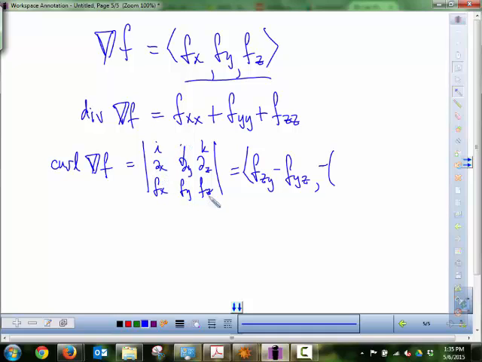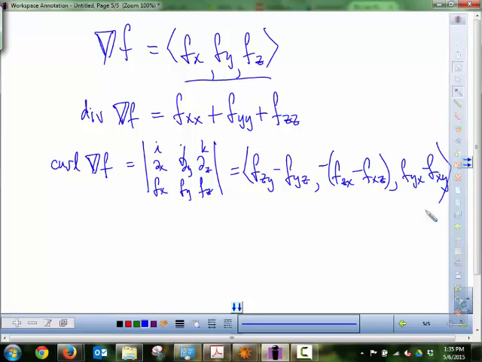The derivative of fz with respect to x minus the derivative of fx with respect to z. And then the derivative of fy with respect to x minus the derivative of fx with respect to y.